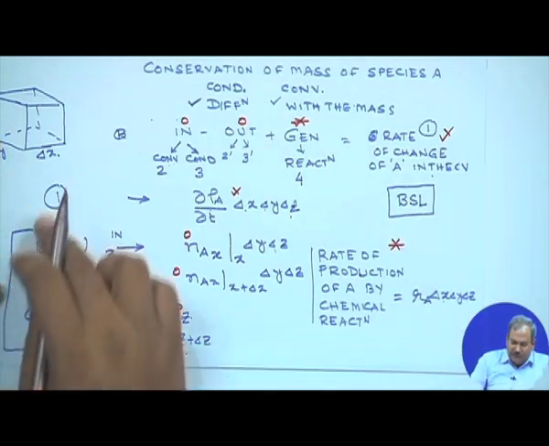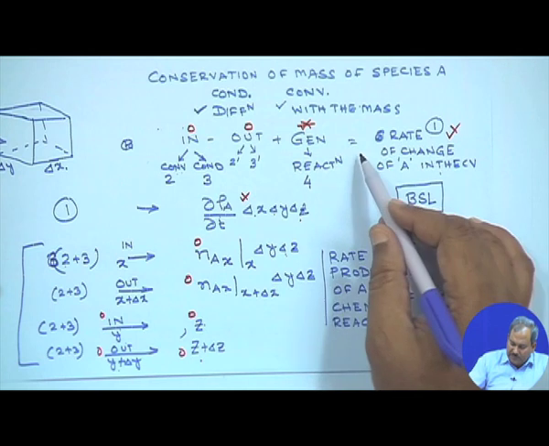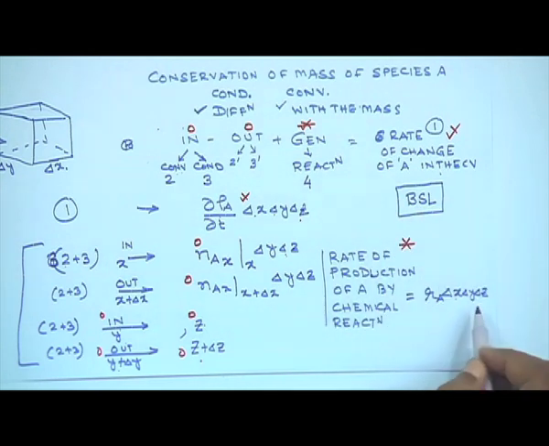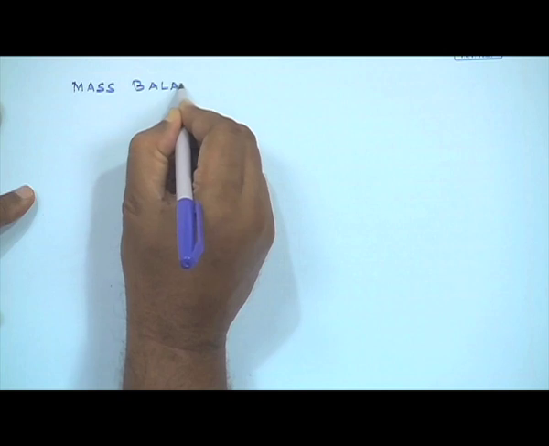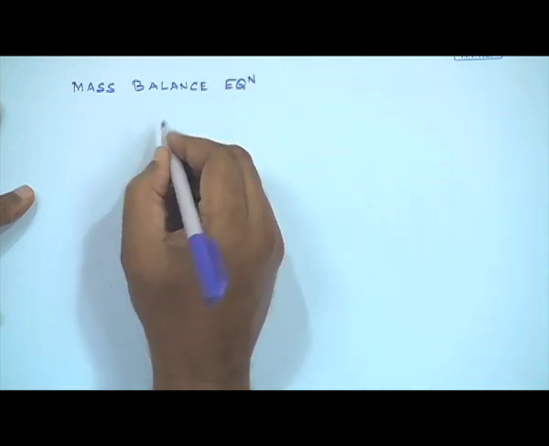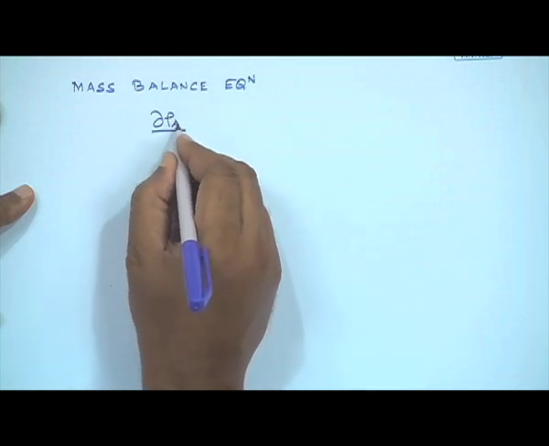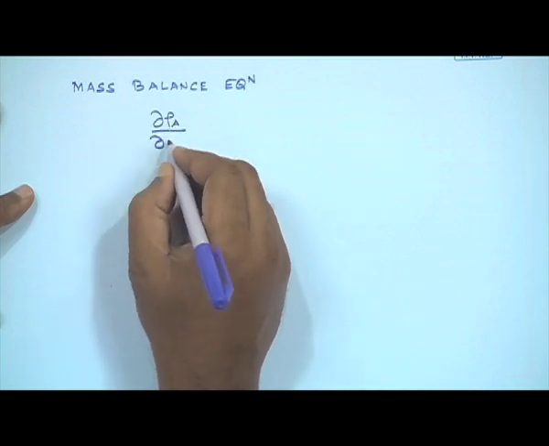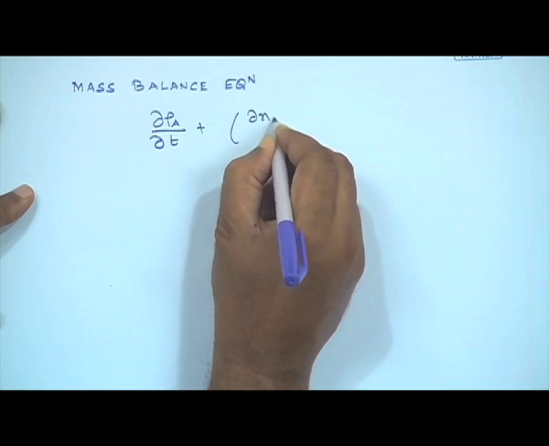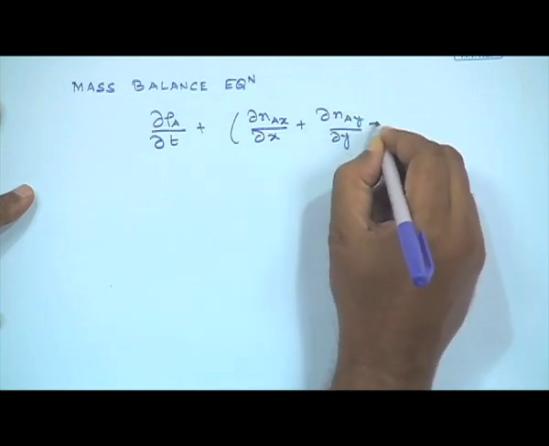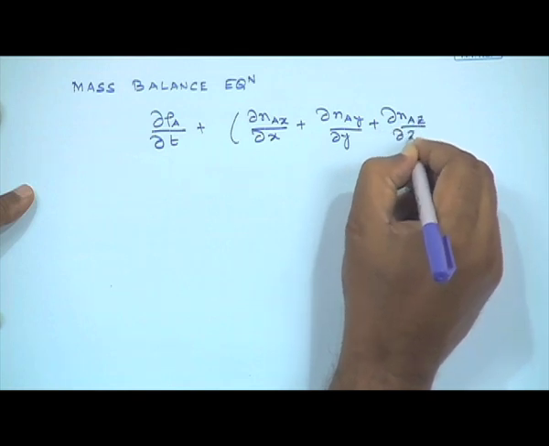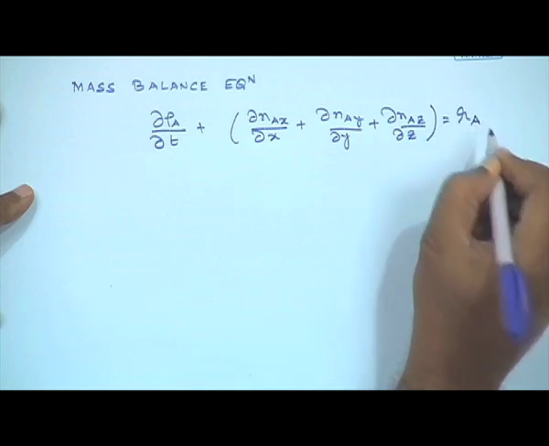So, when I express the algebraic sum of this, put all these terms in here, divide both sides by del x, del y, del z, and take the limit when del x, del y, del z all tend to 0, as we have done previously so many times, the final expression, the species balance equation, the mass balance equation, would simply turn out to be del rho_A, species concentration of A expressed in terms of mass, by del t, plus del N_A in the x direction by del x plus del N_A in the y direction by del y plus del N_A in the z direction by del z is equal to the rate of reaction of A.